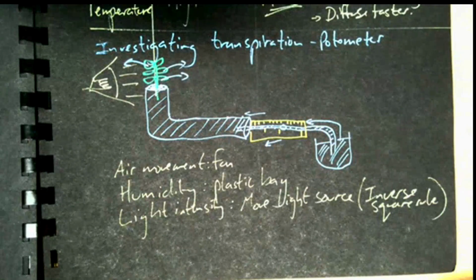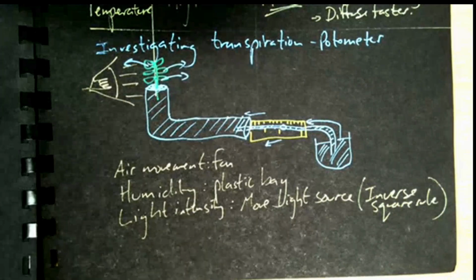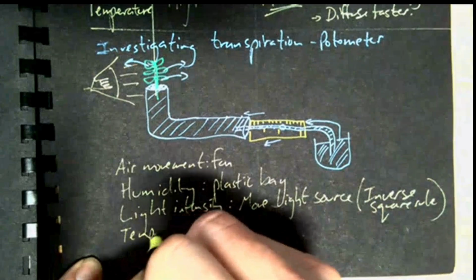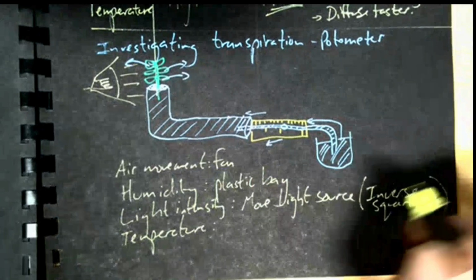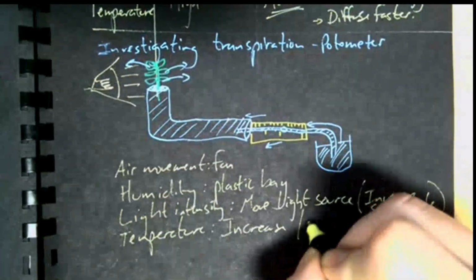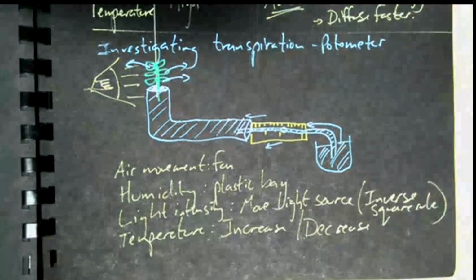So it's not directly proportional. This follows the inverse square rule. Worth going away and reading a couple of little notes on that. And then temperature. We could just increase the room temperature, artificially increase or decrease, couldn't we? And see what the impact of that is.